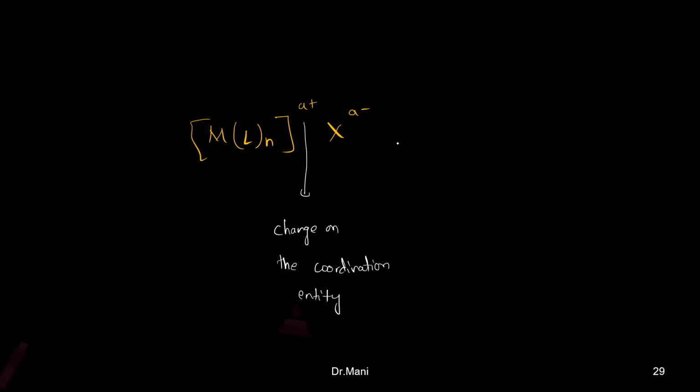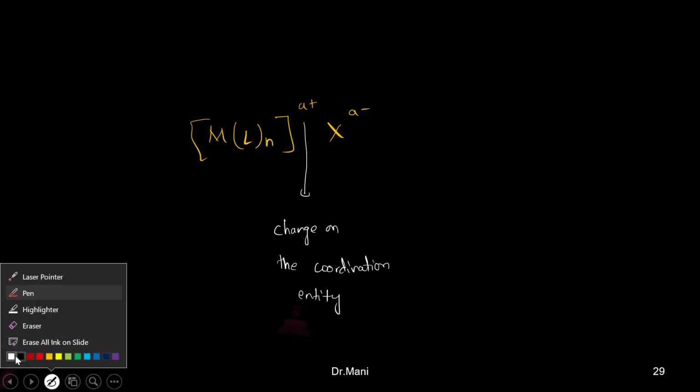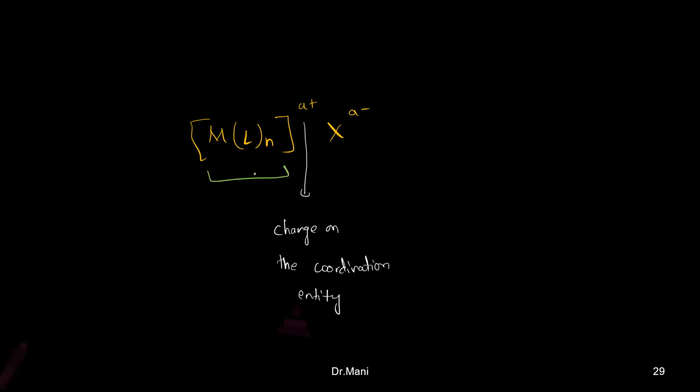And here, this entire thing we call it as coordination sphere. Okay. So just remember, this is the coordination entity, charge on the coordination entity, and this small thing, MLN, we call it as coordination sphere. Okay, so this with the charge, so charge on the coordination entity, and this small thing we'll call it as coordination sphere. I'll tell you what is this coordination sphere.